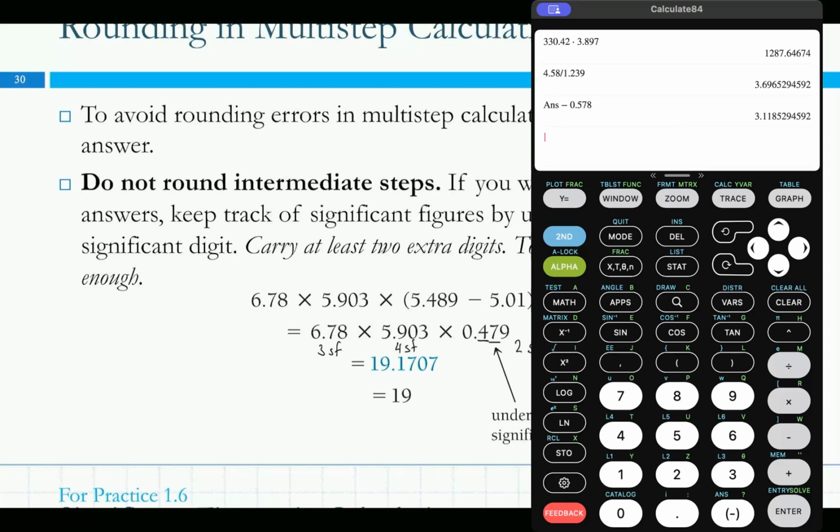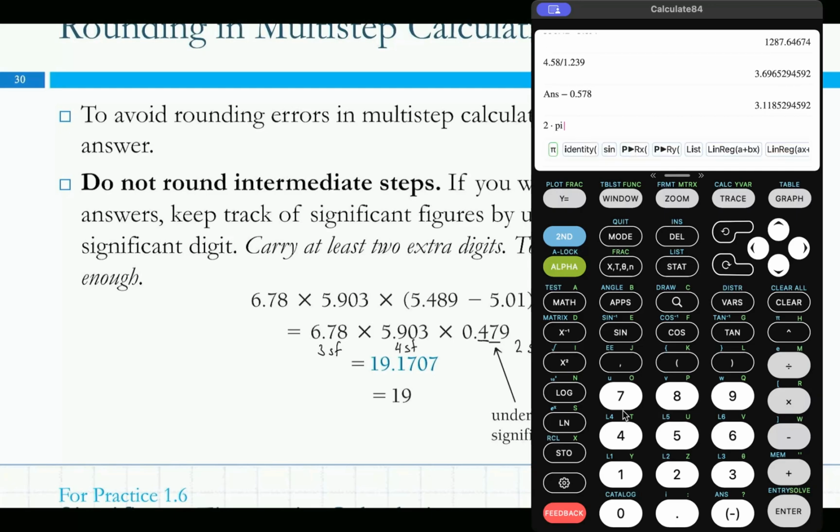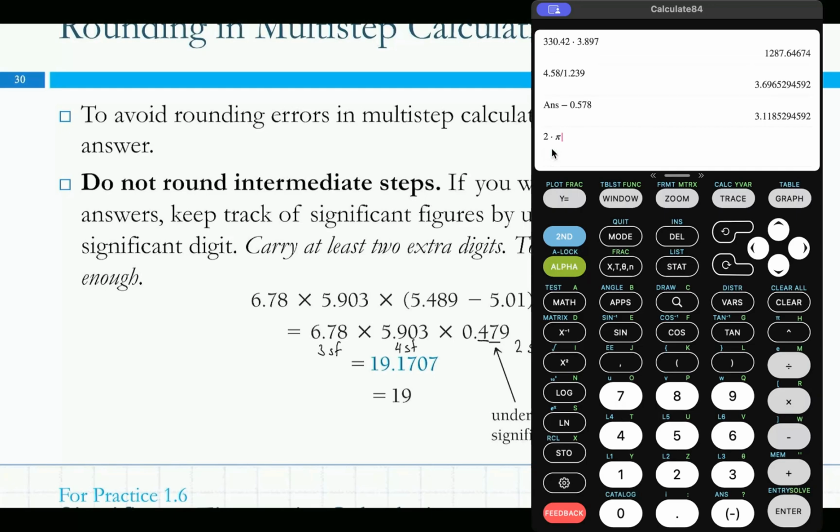So if you do a calculation, let's do this. Let's do 2 times, this is a cool thing that you can do if it's on a computer, 2 times pi.